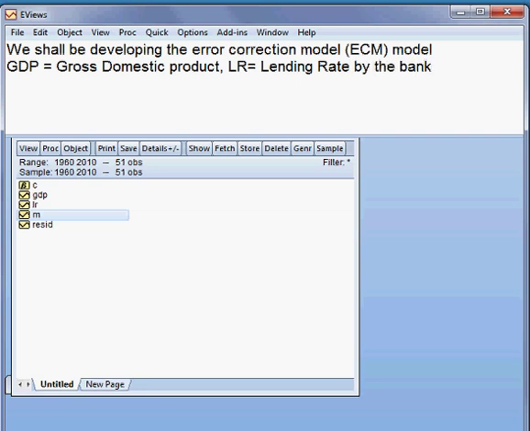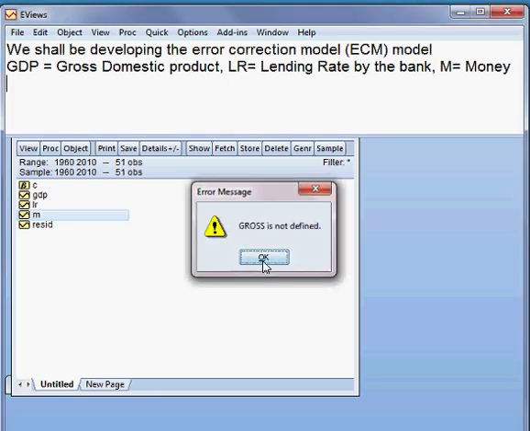So that is our second variable. And the third variable is M. What is M? Money supply. That is our third variable. So we have gross domestic product, lending rate, and money supply. We have these three variables in the model.